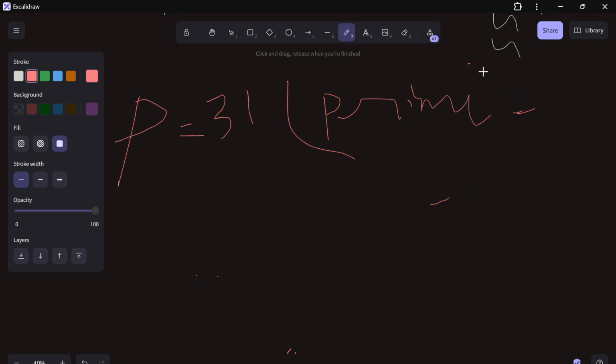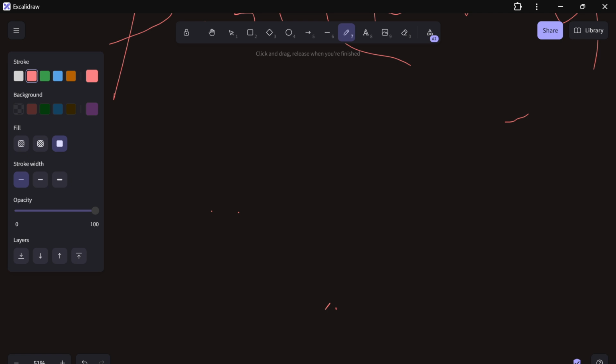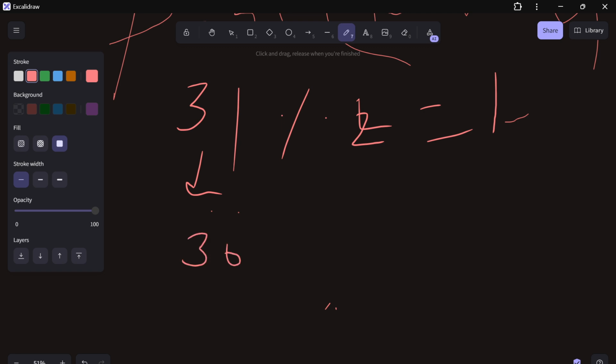Okay, now you need to write this. This is 31. If modulo 2, remainder 1. If we subtract 1 from n, it takes 30.